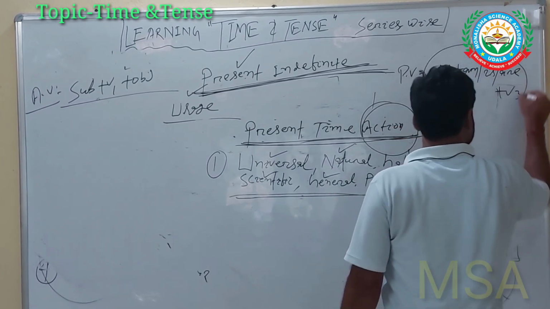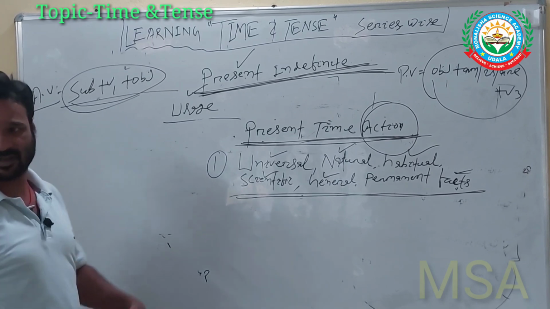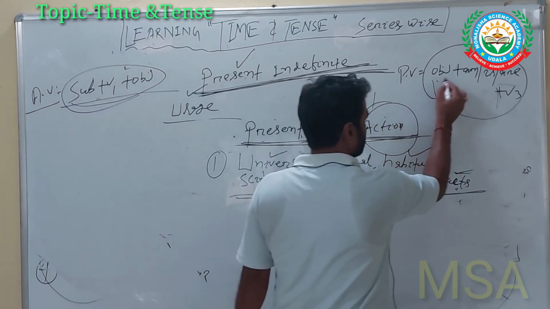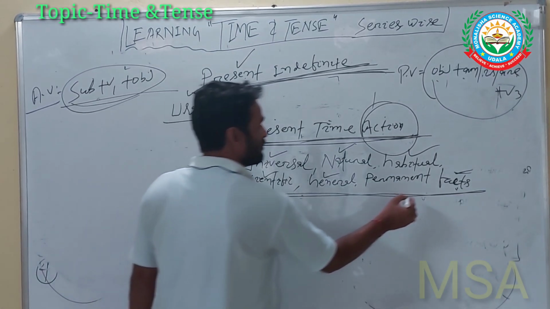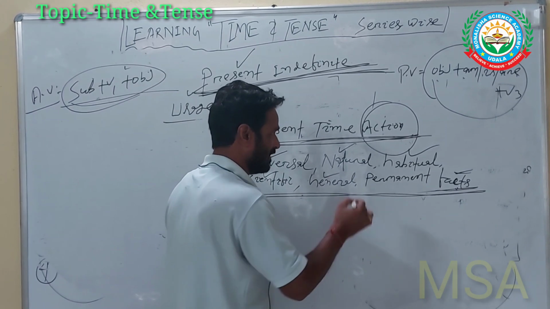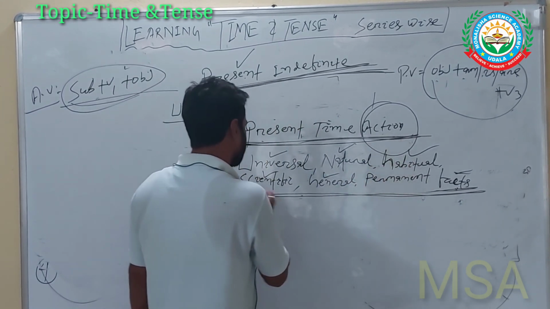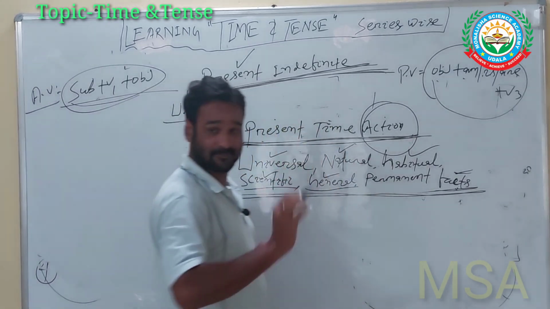So we can use either of these two structures in order to express these facts: universal facts, natural facts, habitual facts, scientific facts, general facts, and permanent facts.